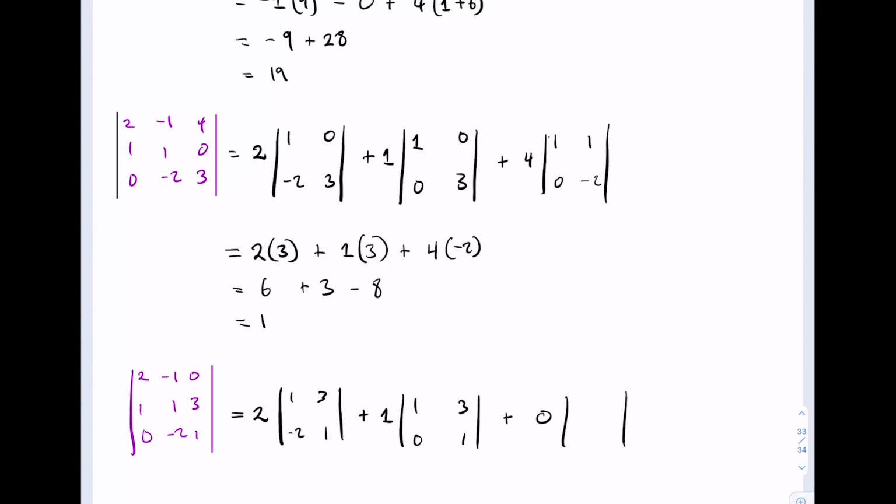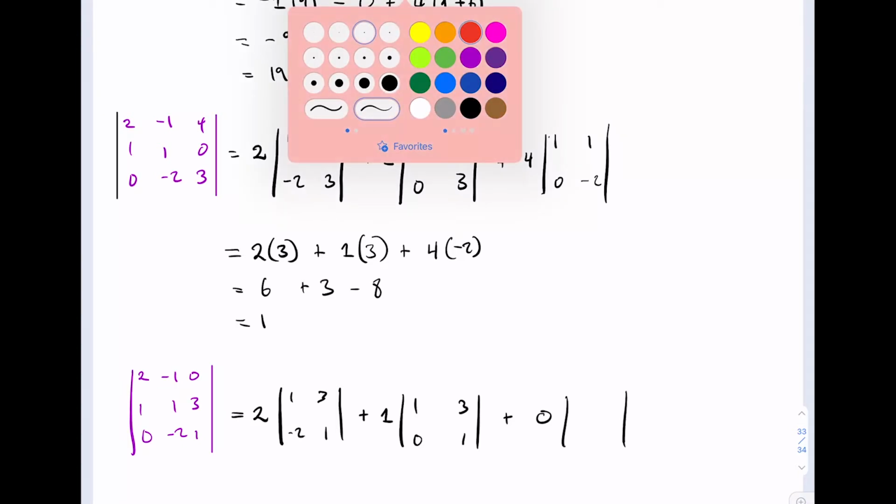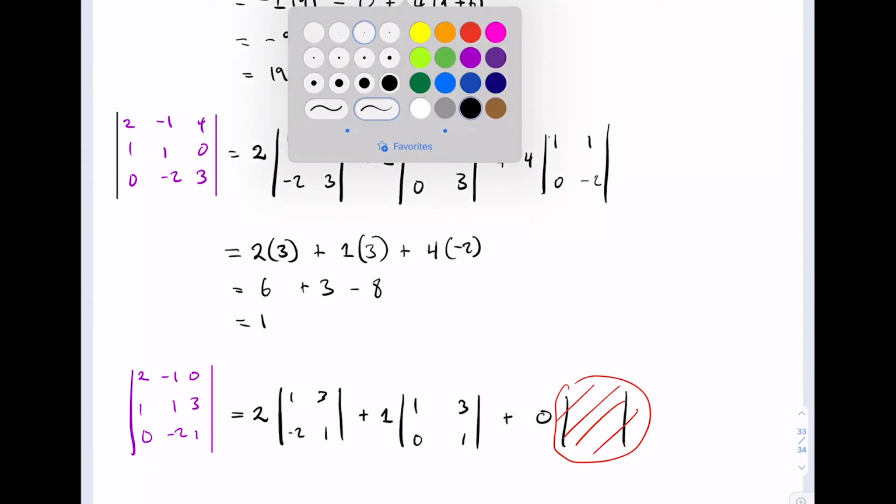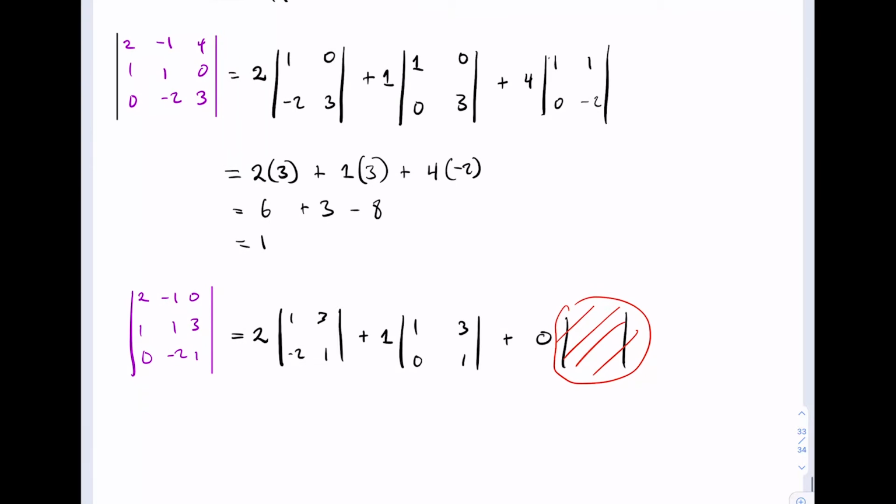We don't need to evaluate this because 0 times this expression is going to be 0. Continuing, simplifying this one, we have 2 times 1 plus 6 plus 1 times 1, which is equal to 14 plus 1, which is equal to 15.